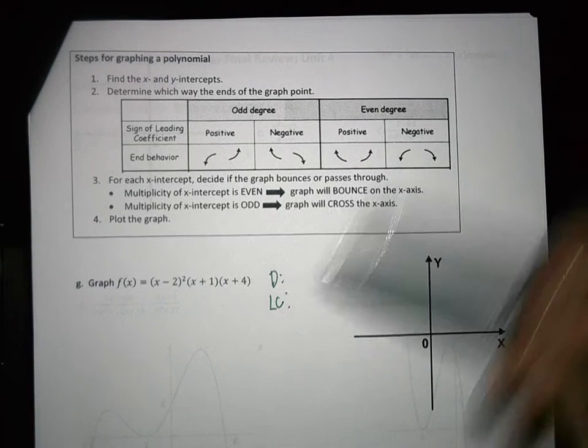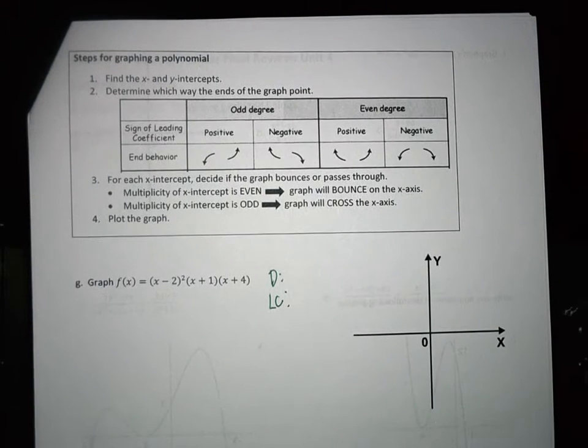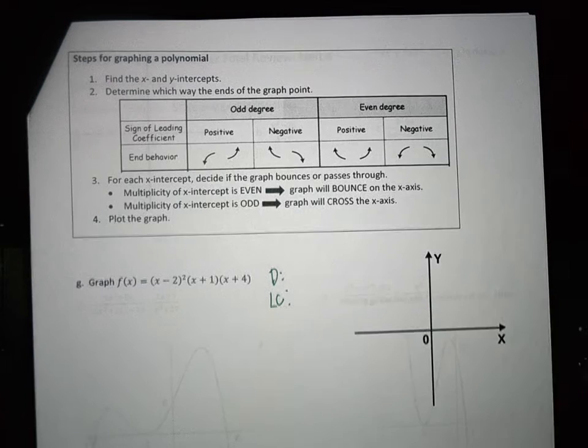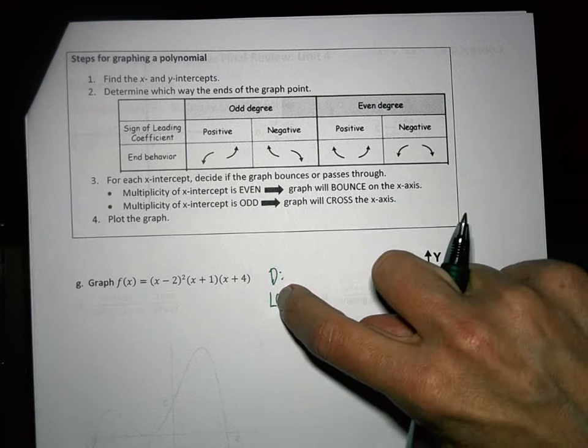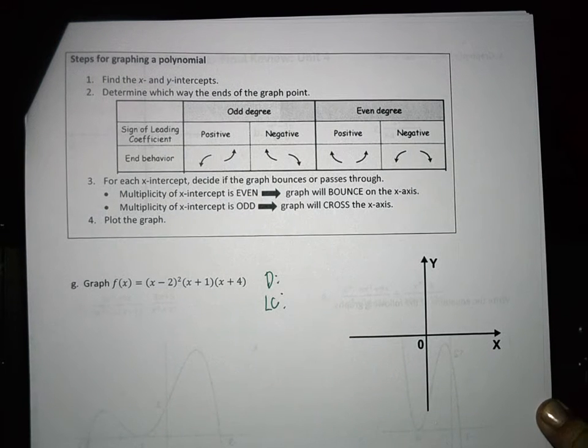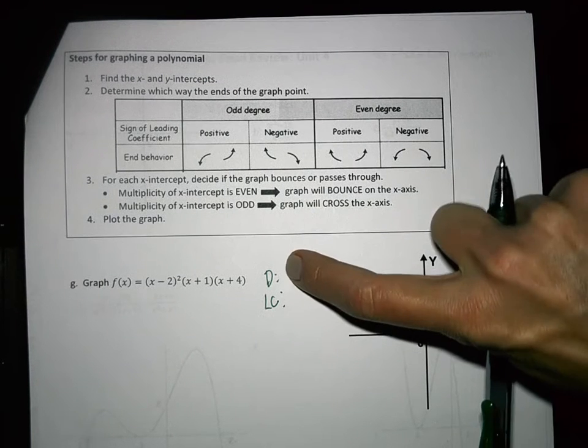What does your leading coefficient tell you? The number and if it'll be positive or negative on the right side. Your right end behavior. So if your leading coefficient is positive, the right side goes up. If your leading coefficient is negative, the right side goes down. Okay? Once you know that, then you're able to do the other end behavior based on your degree.